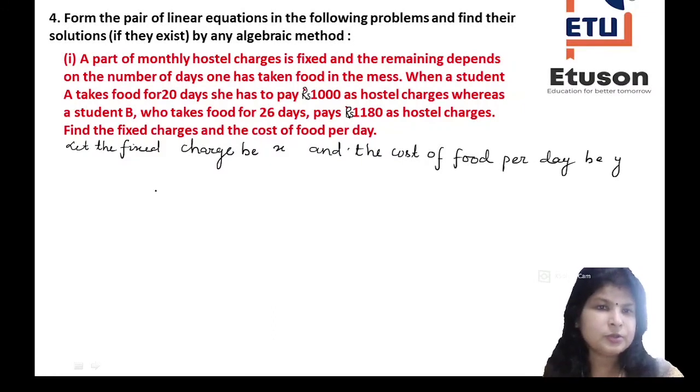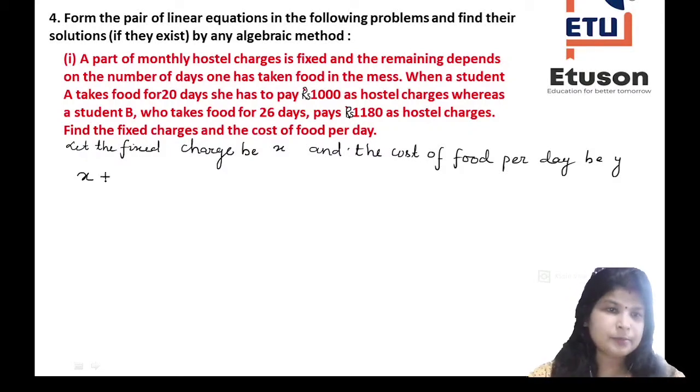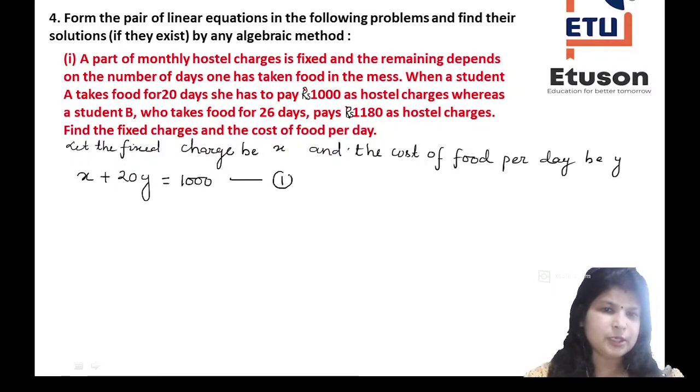Okay, so can I form the equation like this? So for student A, the equation will be how much? This x plus, because for him it is 20 days, so x plus 20y is equal to 1000, right? This is for student A.